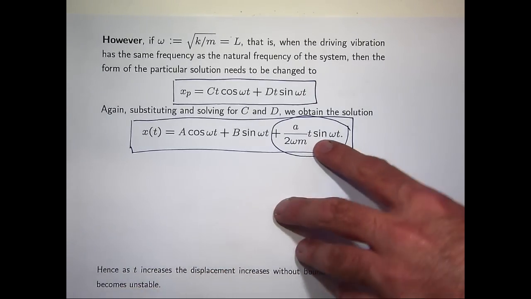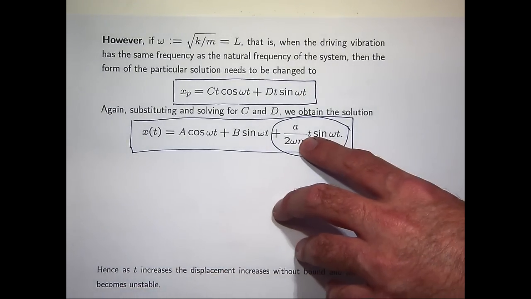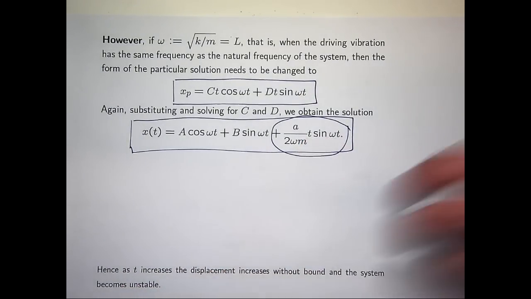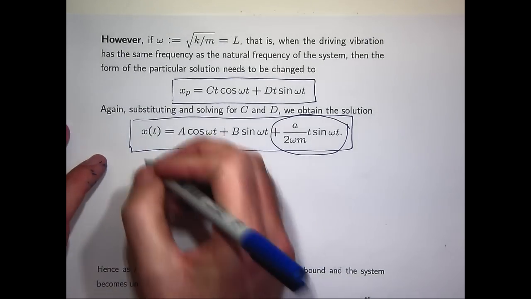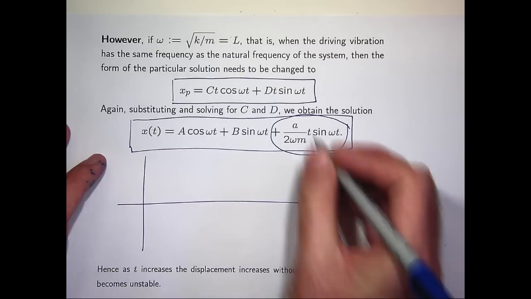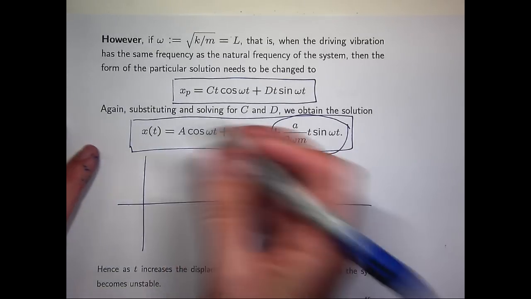Well, sine isn't going to contribute much, but that t is. As t gets large and positive, t times sine of omega t, what's going to happen to that? Well, it's going to get large, right? And it's going to oscillate, but it's going to get big as we oscillate. So to give you some rough idea of what's happening with this system, it might look like this, right?